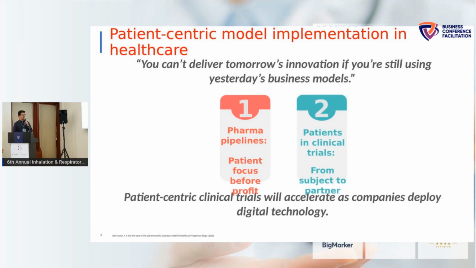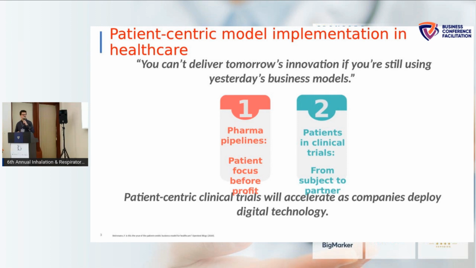And the second one is the contribution of patients in clinical trials. Of course, patients are involved so that the pharmaceutical companies can understand whether the molecule is safe and effective. However, there's so much more that we can take from patients and their feedback with regard to their experience with a specific molecule and drug product.